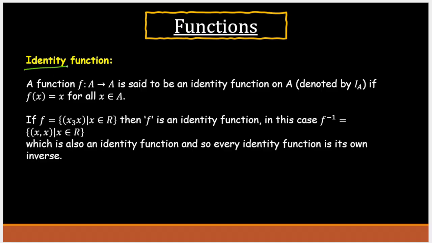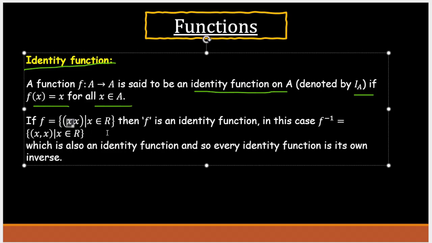Now see the identity function. A function f: A to A is said to be an identity function on A, denoted by I_A, if f of x is equal to x for all x belongs to A. Here the same set is mapped to the same set of elements, which is said to be the identity function. If f = {(x, x) such that x belongs to R}, then f is an identity function.